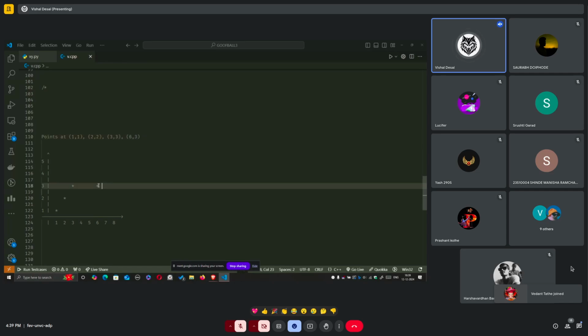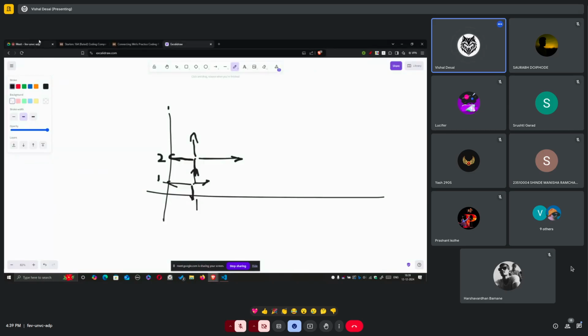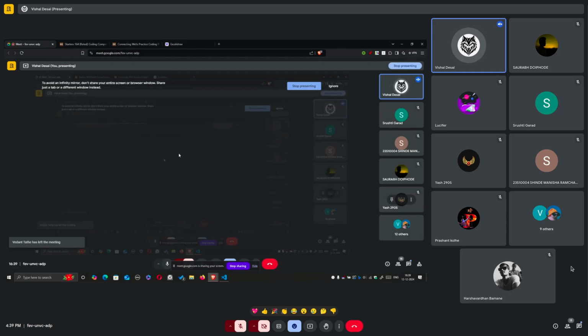These stars specify wells. So for these wells to connect, can the wells be connected diagonally? Yes or no? Answer quickly. Yes. Are you getting the question or should I repeat?